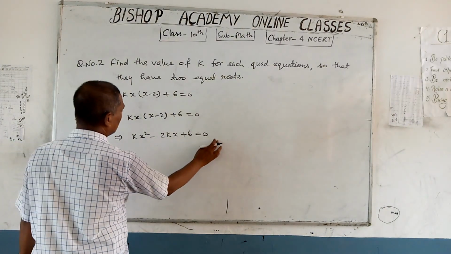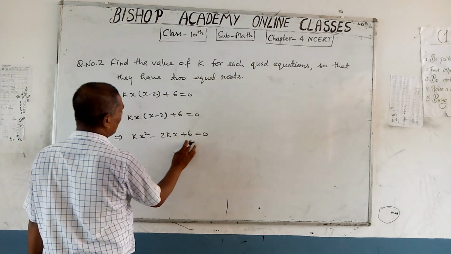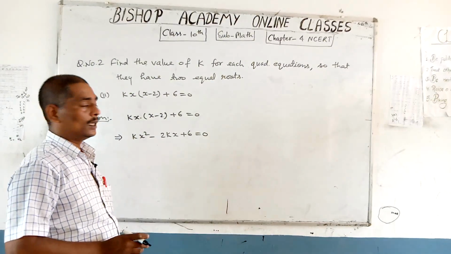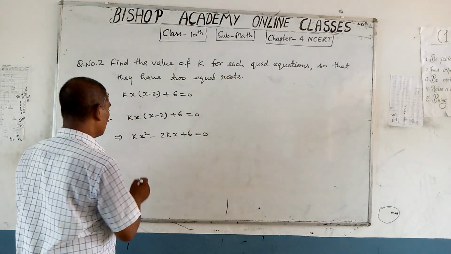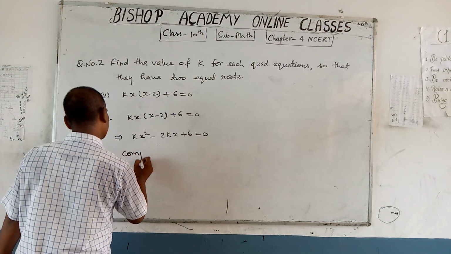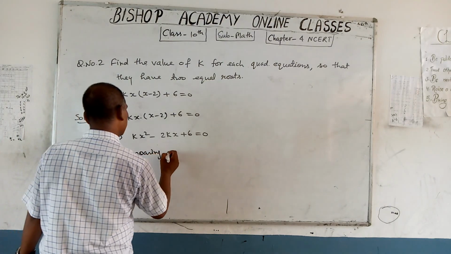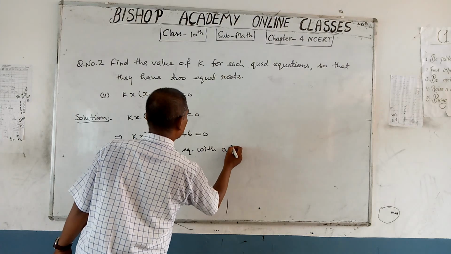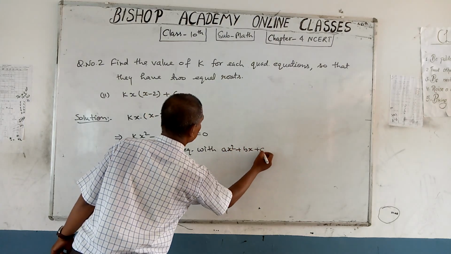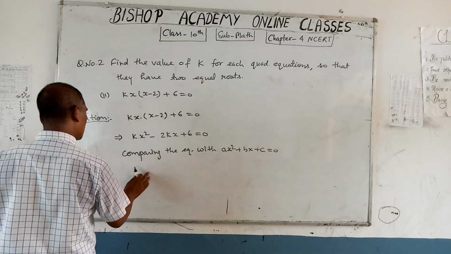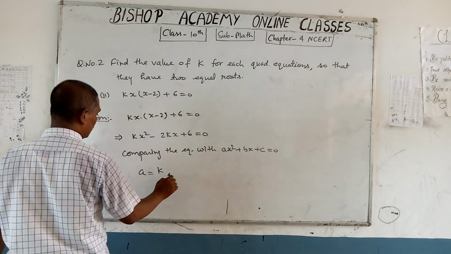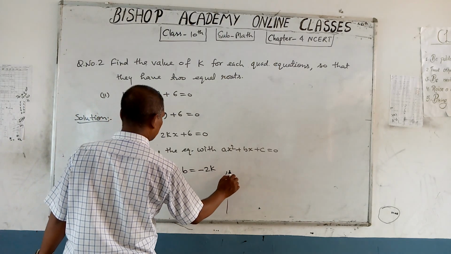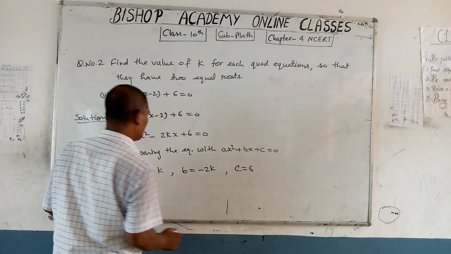Now you can compare this with ax square plus bx plus c is equal to 0. You find that this equation is in the form ax square plus bx plus c is equal to 0. So comparing the equation with ax square plus bx plus c is equal to 0, a is equal to k, b is equal to minus 2k and c is equal to 6.